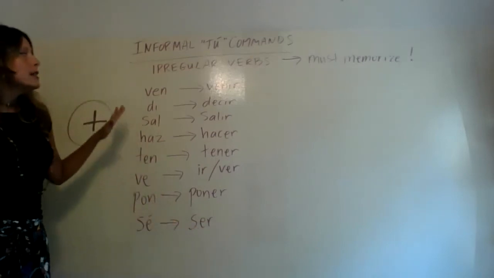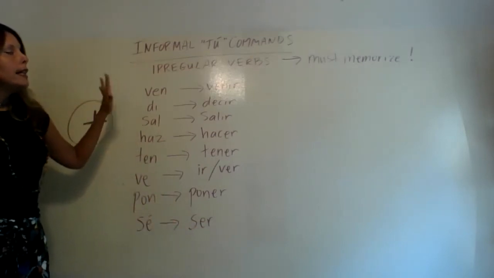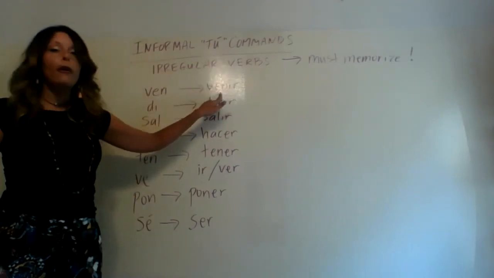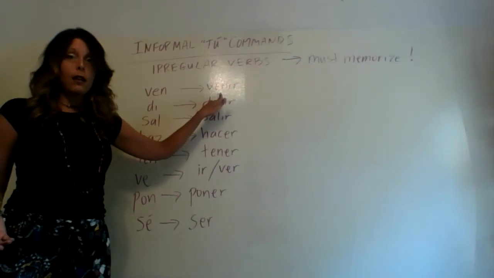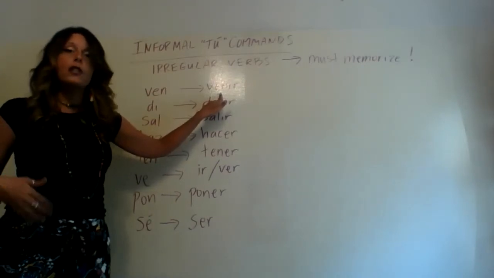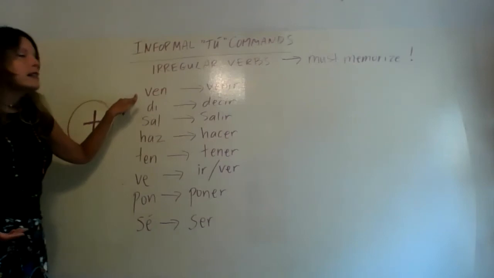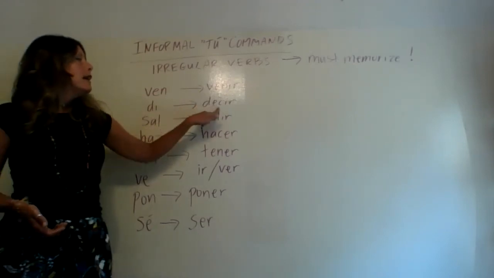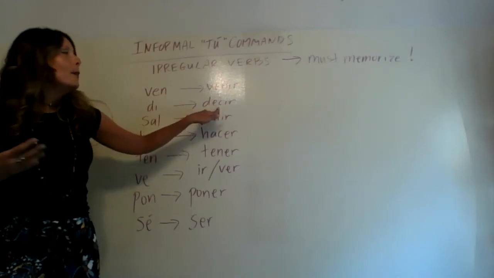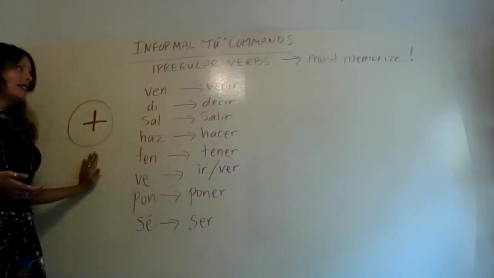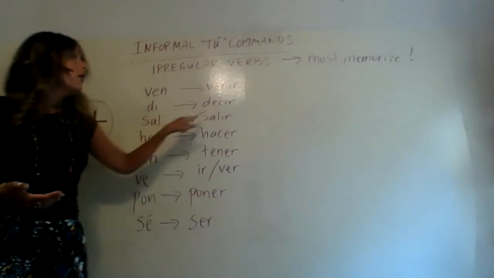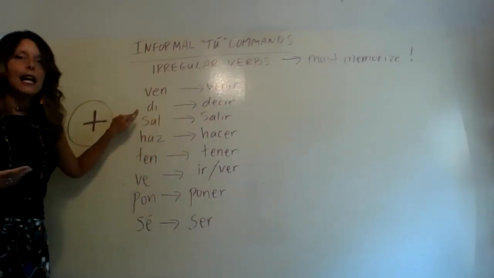So notice that the irregular informal tú command for the verb venir, which means to come, or it can mean to come over, is ven, V-E-N. The irregular informal tú command, affirmative, for the verb decir, which means to say or to tell, is di, D-I.